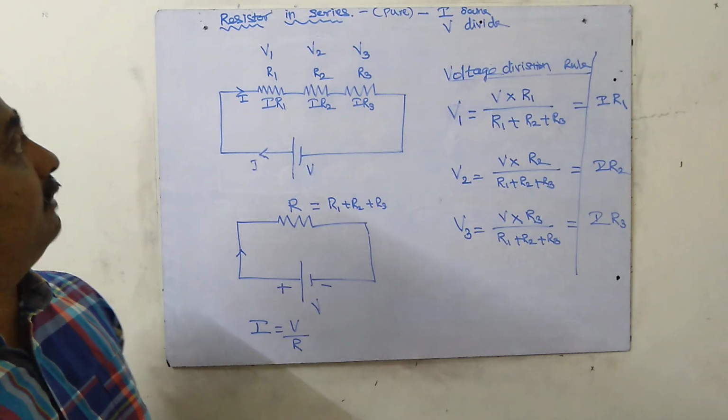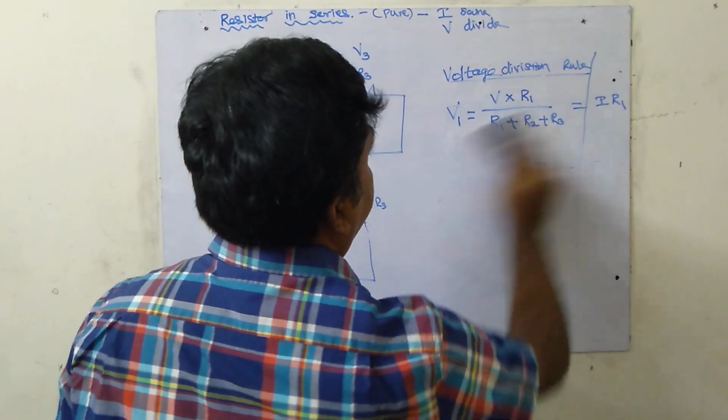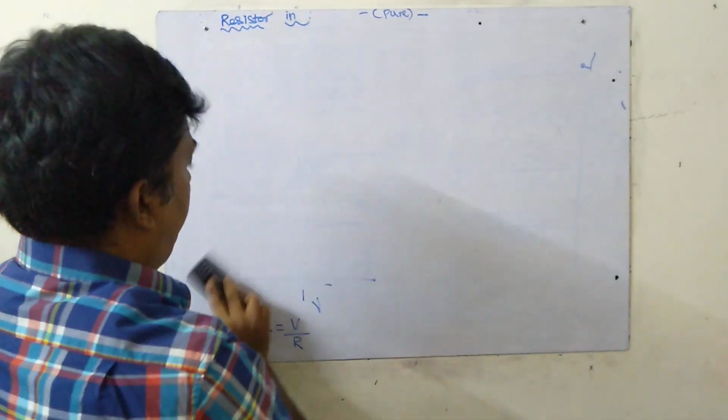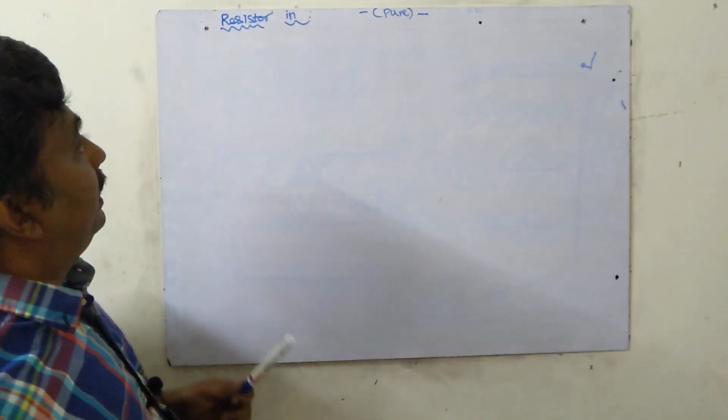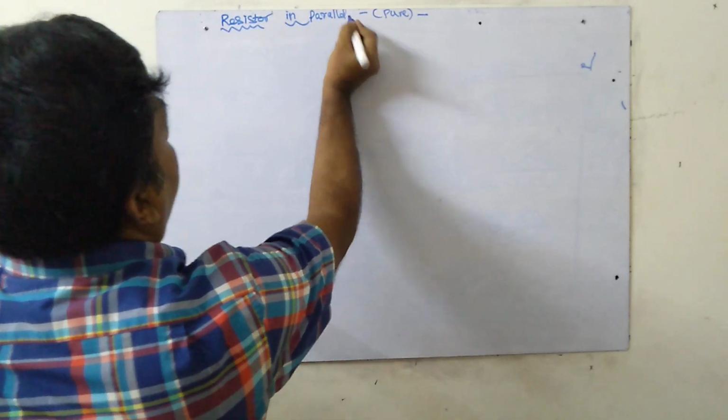Next, resistors connected in parallel, a pure parallel circuit. So I will clear this. Parallel means a pure parallel circuit.